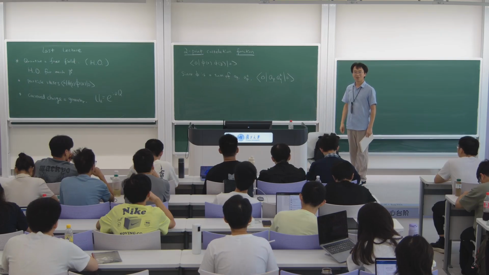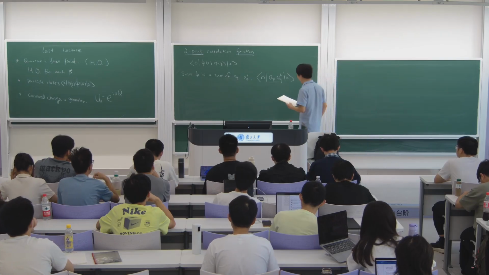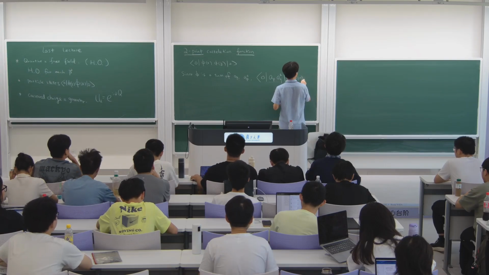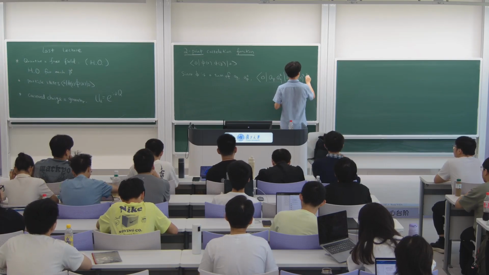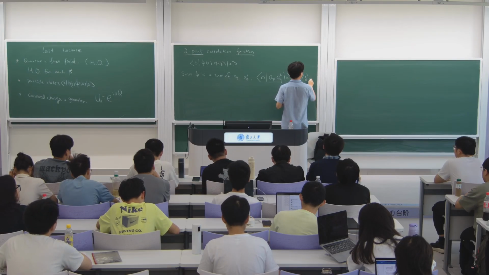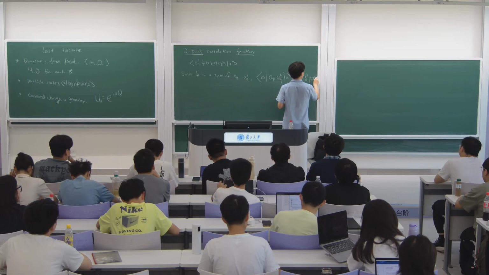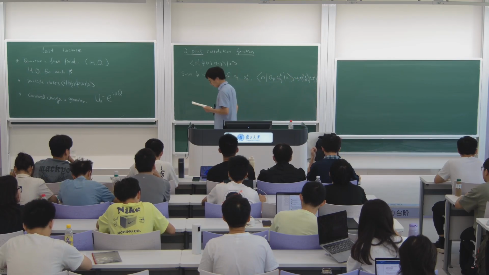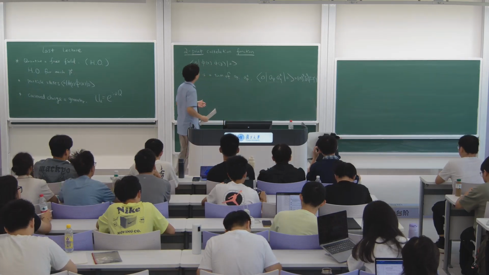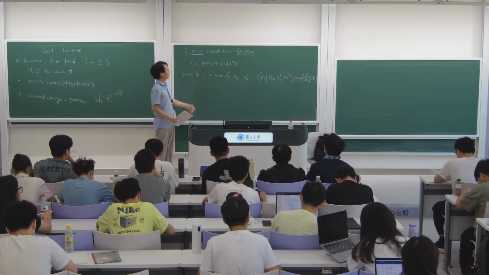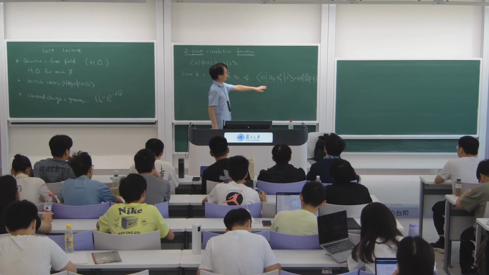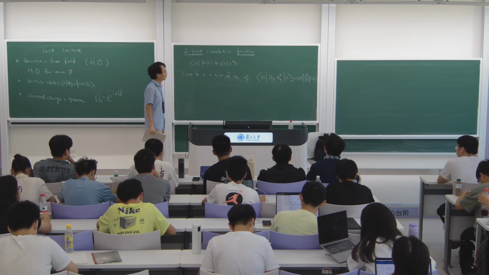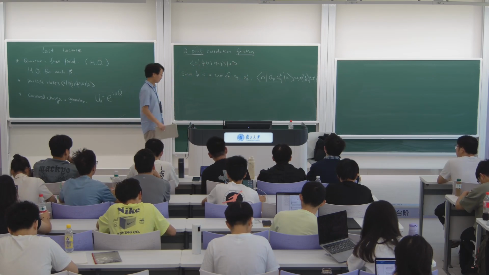Because this term is not trivial, it is actually the propagator function, d minus 2. Then you can calculate this one after the final integration over the momentum, and then you get the result.